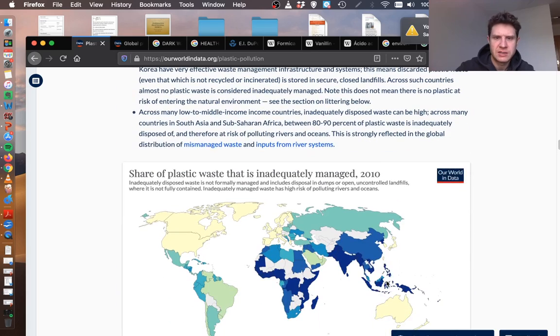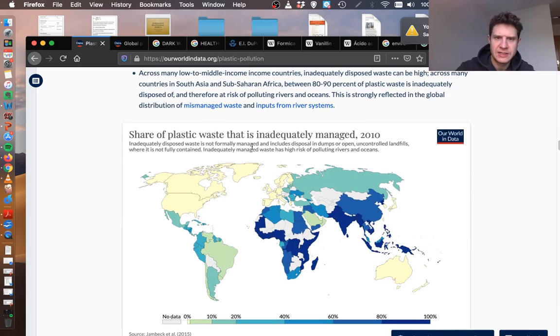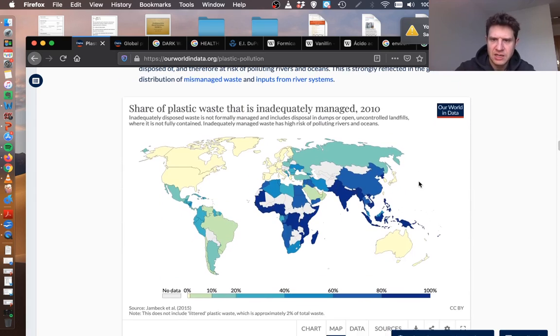Very interesting. Share of plastic waste that is inadequately managed. You can see here a lot of plastic is just burned or thrown into the water, or can pollute the environment.